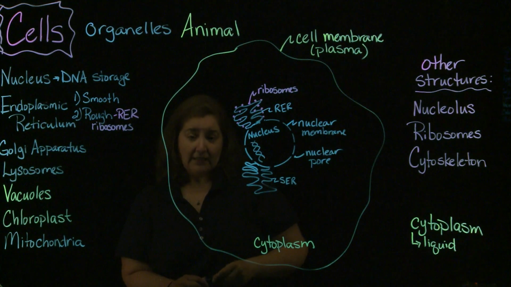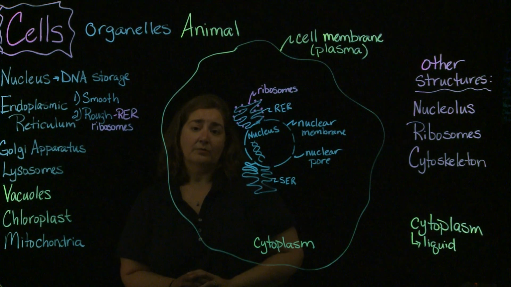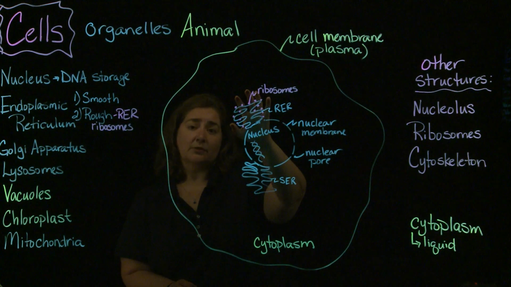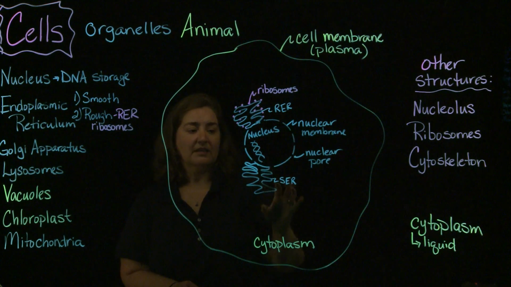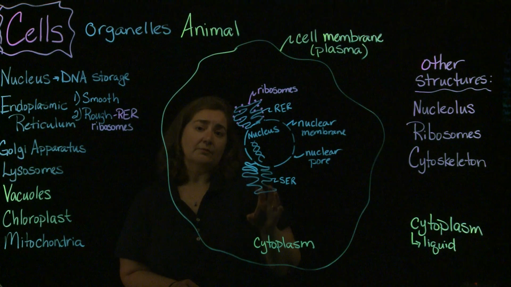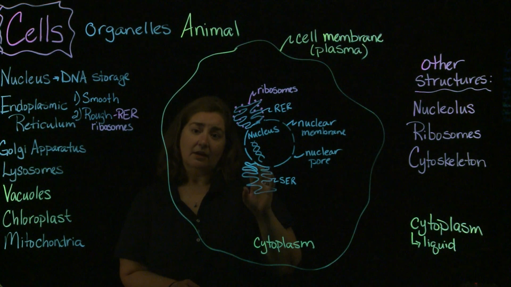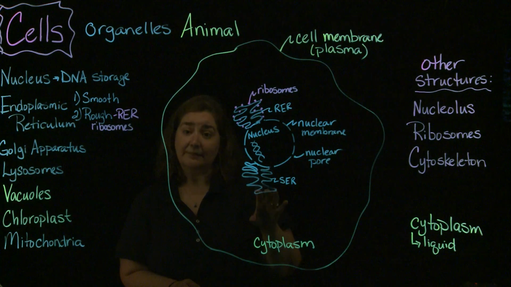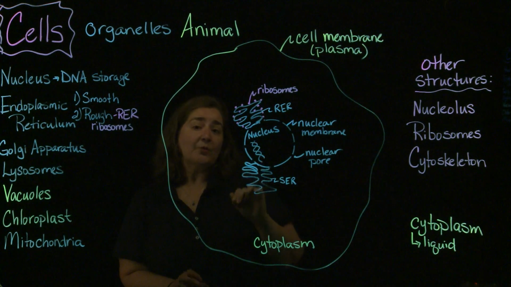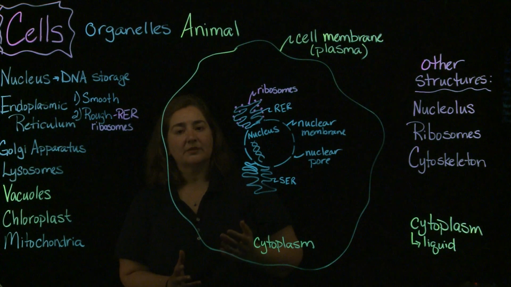All right? And the two different types of endoplasmic reticulum have different functions. Rough endoplasmic reticulum is primarily going to be involved in protein synthesis. Smooth endoplasmic reticulum is primarily going to be involved in generating lipids, fats, and some steroids as well within the eukaryotic cell. So they both make something, but what they make is a little bit different.